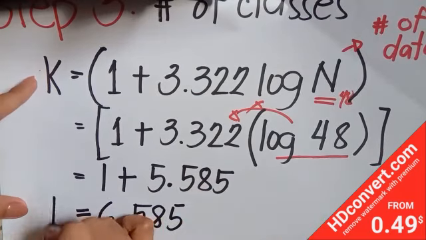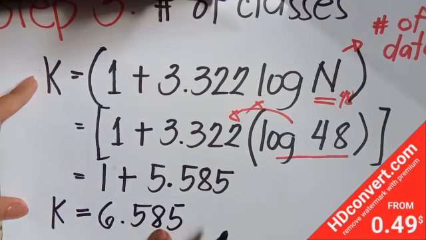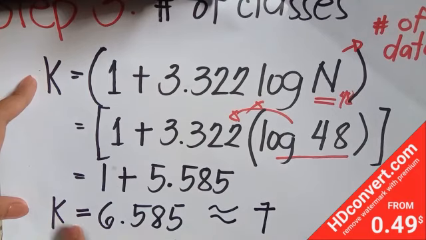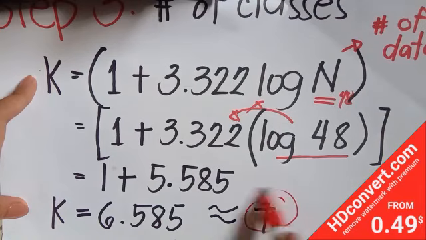So, therefore, ang number of classes natin ay 6.585. Pero kailangan, lagi siyang naka-whole number. So, ano ba yung whole number ni 6.585? Yan ay 7. So, therefore, ang number of classes natin ay 7.